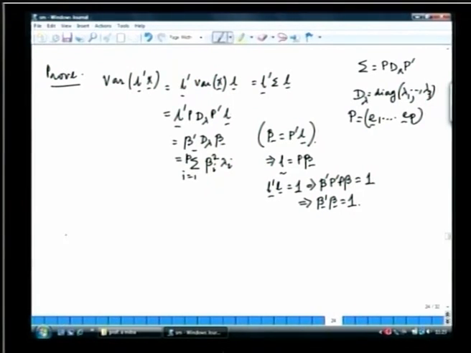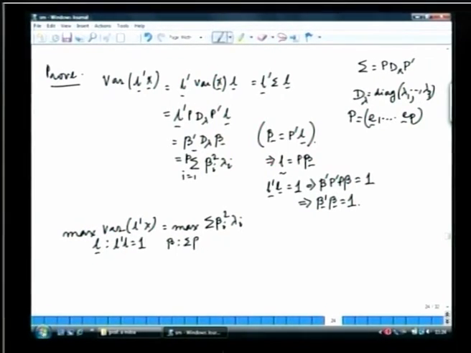Now, I have to maximize the variance of L transpose x over L such that L transpose L is equal to 1. Equivalently, I can maximize this expression, which I have shown to be equal to the variance: summation beta i square lambda i over beta such that beta transpose beta is equal to 1, and in terms of summation, such that summation beta i square is equal to 1.